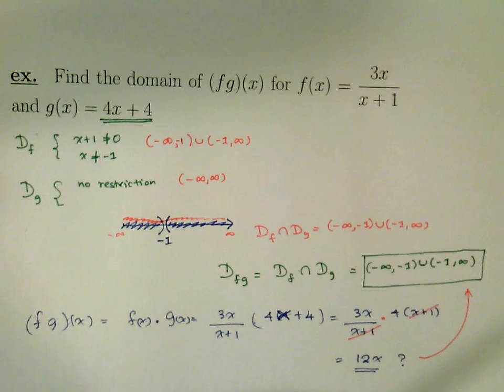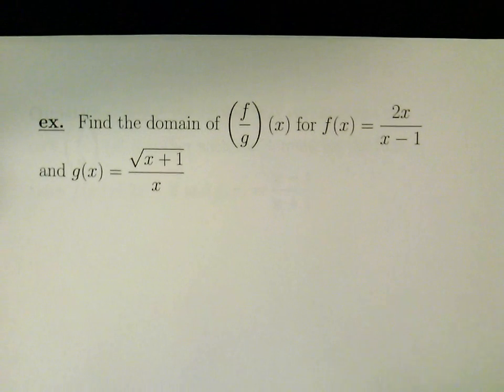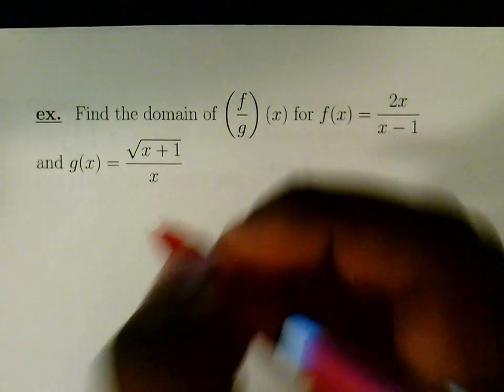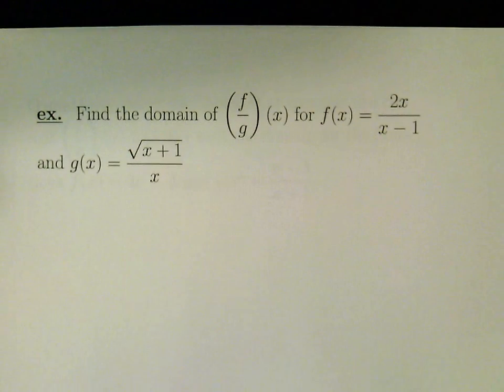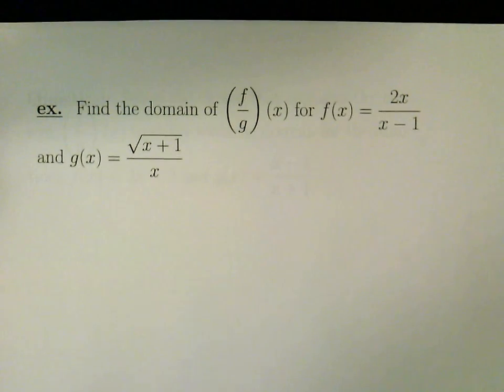Okay, now let's go to another question. Also, I need to say that there are some questions in this section that you don't know how to find the answers to, so we will defer those till later, but you just need to know the process. So find the domain for f of x equals 2x over x minus 1 and g of x equals that.